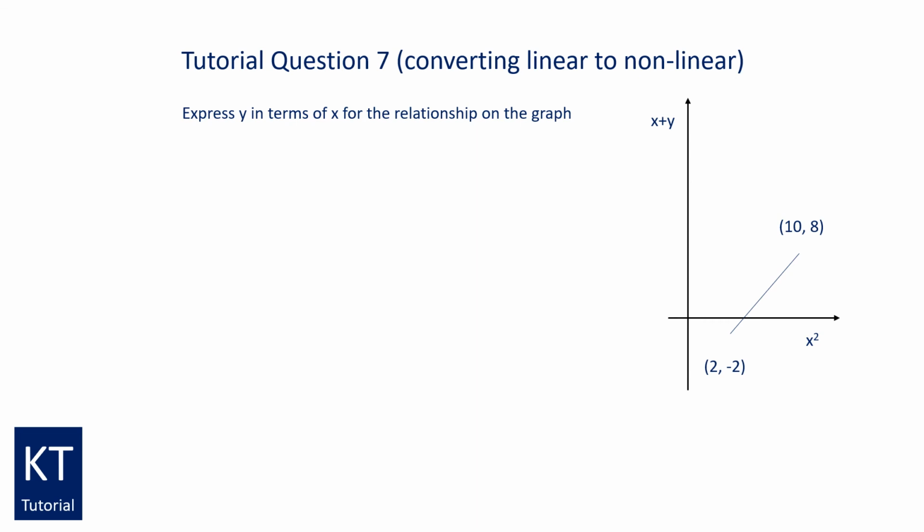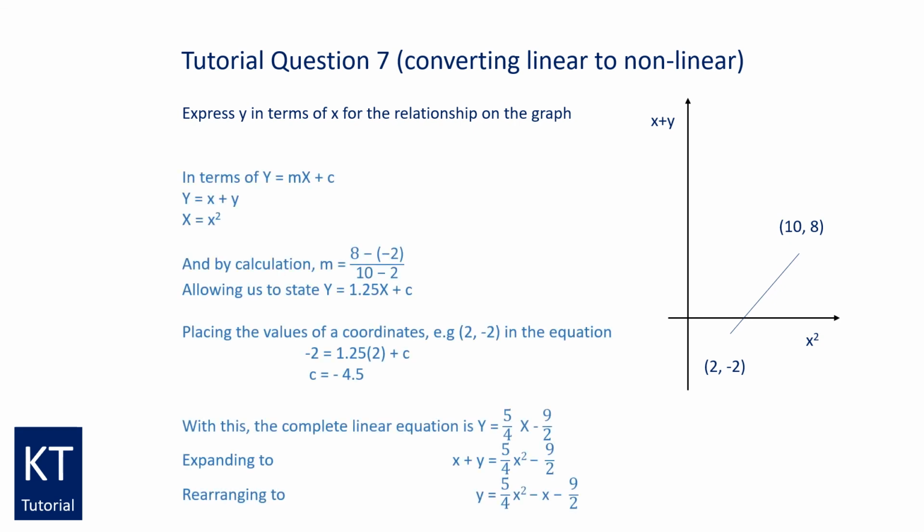Tutorial question 7. Express y in terms of x for the relationship on the graph. This is the reverse of what we did in tutorial questions 5 and 6. In terms of capital Y equals m capital X plus c, from the graph, the capital Y is equal to x plus y, and the capital X is equal to x squared.